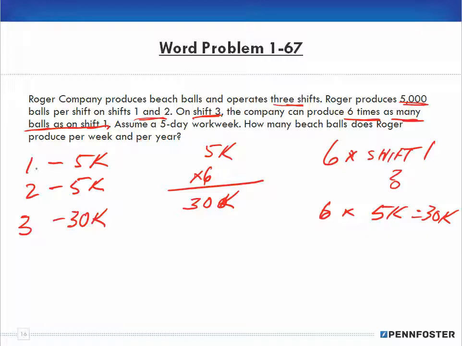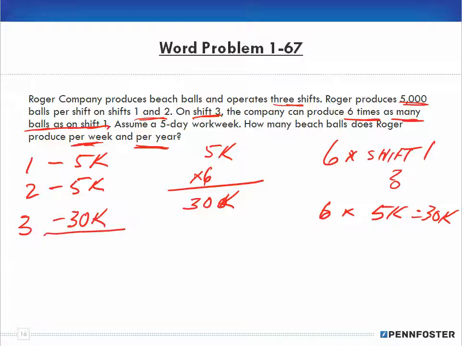Okay. So we need to come up with 2 amounts. When we figure out the per week amount, then we just multiply it by 52 to come up with the per year. Well, in one day, shift 1 produces 5,000, shift 2 produces 5,000, and shift 3 produces 30,000.